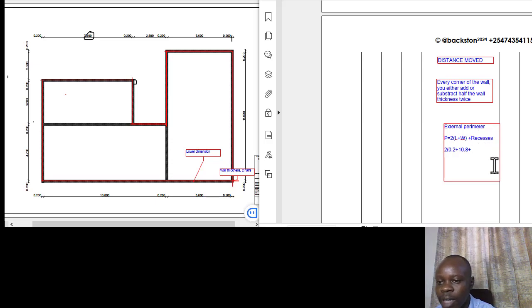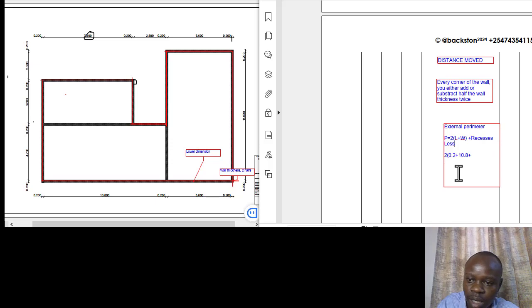Okay, so after adding the recesses, then when we'll be using the external perimeter, we'll now need to less, using the rule that we've discussed, we'll now just less half, okay, that is half times the thickness of these walls that we have.